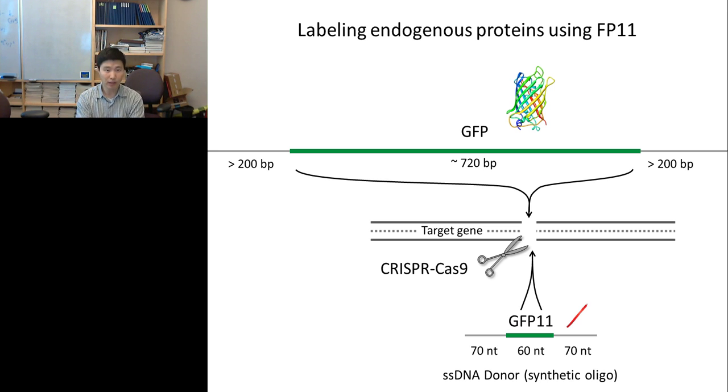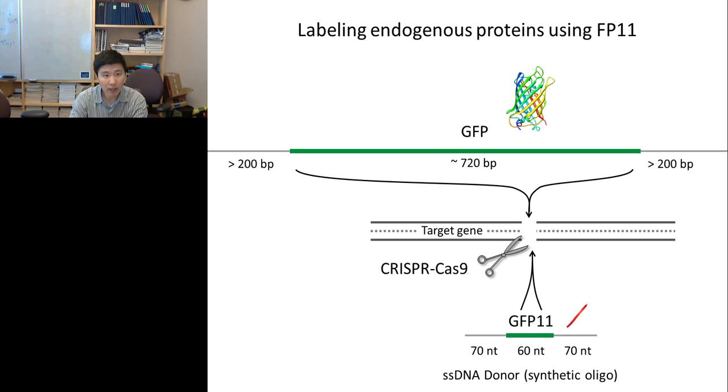You can directly buy it from DNA synthesis companies like IDT, and that makes not just the integration very efficient, but also the whole process cost effective, because we have synthetic donor DNA that just costs a few tens of dollars, and we don't need to do any cloning for the whole process.